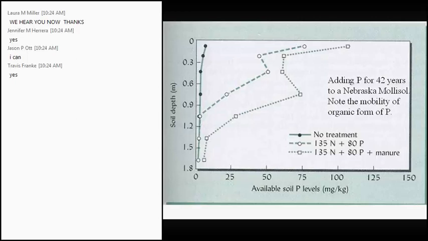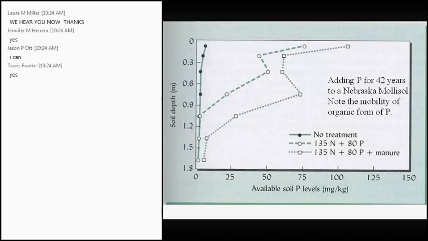So, no treatment at all. We've got the solid line, very little phosphorus in the soil from the surface all the way down. We look at where we've applied nitrogen and phosphorus at 80 pounds of P. We are at about 75 milligrams per kilogram at the surface, and at about 0.2 meters we still have about 50, and it changes a little as you go down.